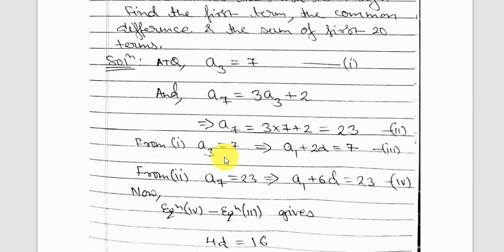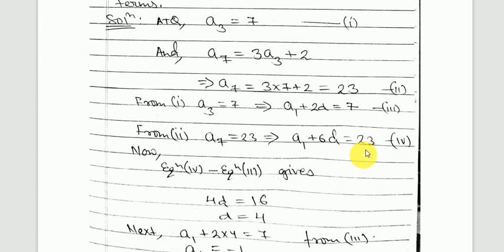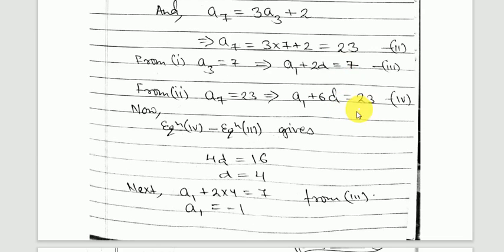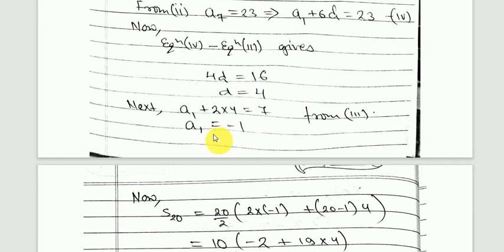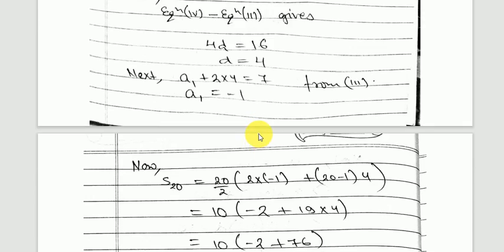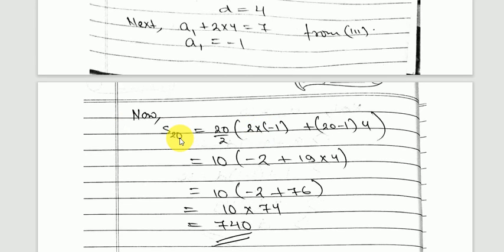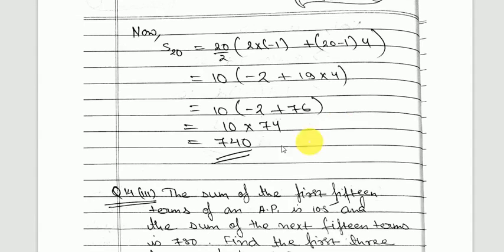A3 is 7, so A3 is equal to 7 implies A1 plus 2D is equal to 7, A7 equal to 23 implies A1 plus 6D is equal to 23. Now from these two equations I can find A1 and D. Solve these two and you will get D equal to 4 and A1 equal to minus 1. Done. Now you have to find the sum of first 20 terms. So simply use the formula, substitute the values, and you will get the answer.